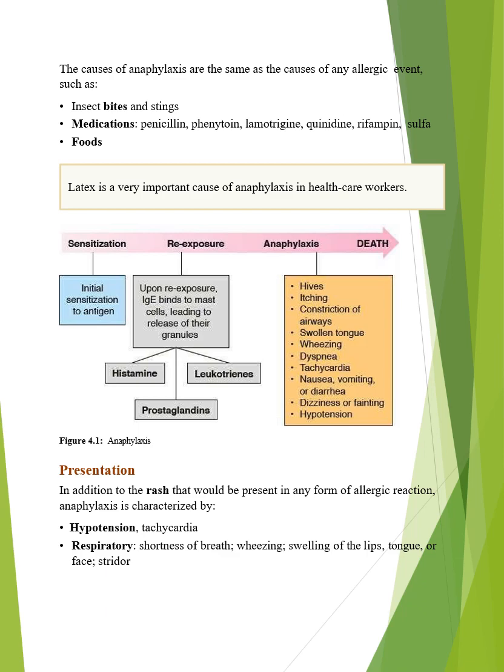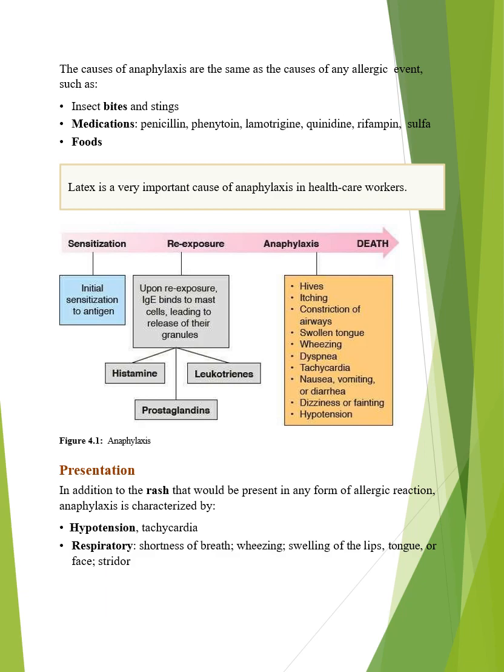Number 1, insect bites and stings. Number 2, medications such as penicillin, phenytoin, lamotrigine, quinidine, rifampin, and sulfa, and foods. There is a clinical tip here which states that latex is a very important cause of anaphylaxis in healthcare workers.